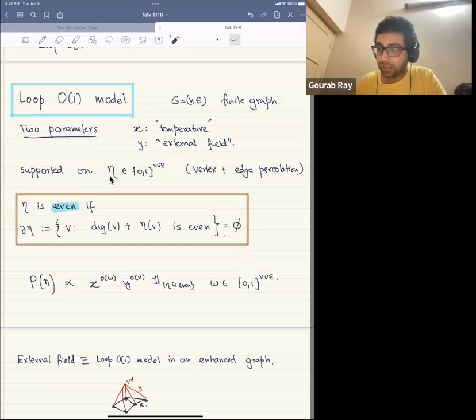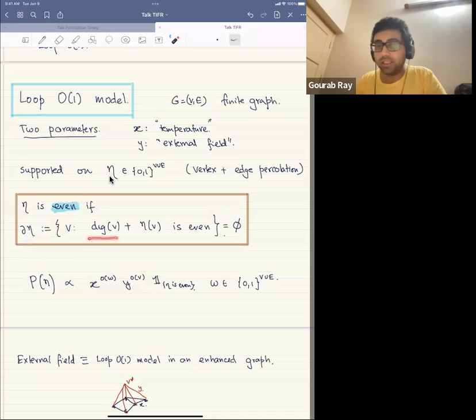If the probability measure was proportional to just this, then it's just an IID process, so nothing interesting. But there is an indicator function here. What is this indicator? It tells you that this whole percolation process is even. Okay, there is some issue with this definition, let me correct this.